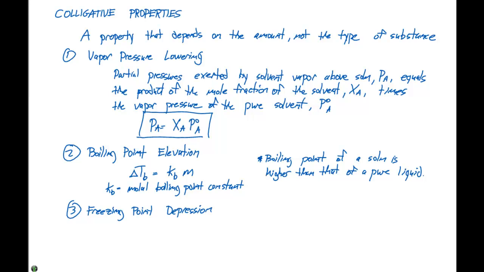And the freezing point depression formula is going to be very similar to our boiling point elevation. It's delta TF is going to be equal to KF times lowercase m, where KF here is equal to the molal freezing point depression constant.